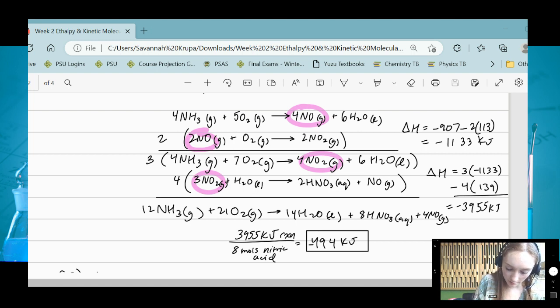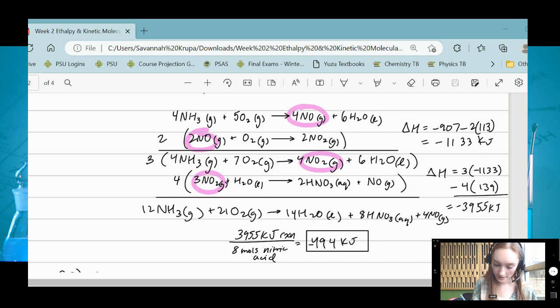I'm going to write above each one of these what the number will be, so we don't have to do it again. So 3 times the 4 NH3 on the top will give us 12. So we'll have 12 of that. 3 times 7 will give us 21.